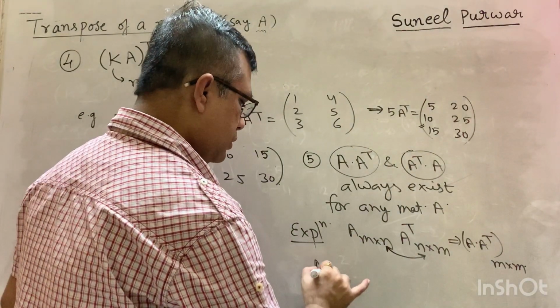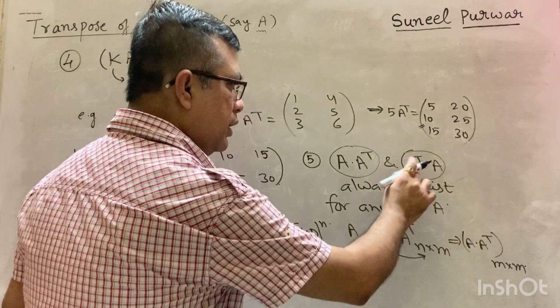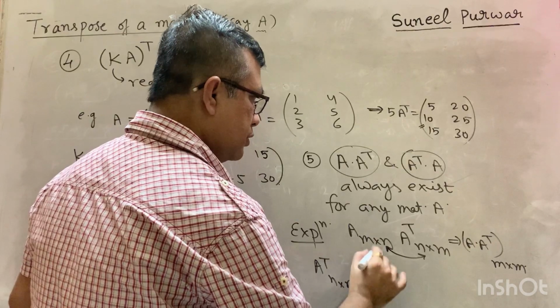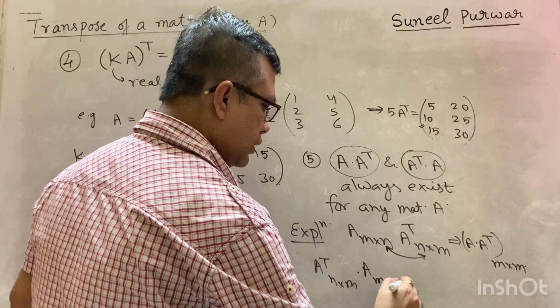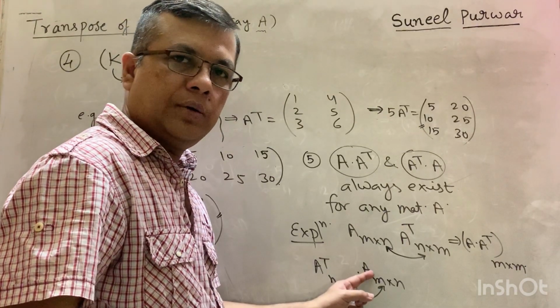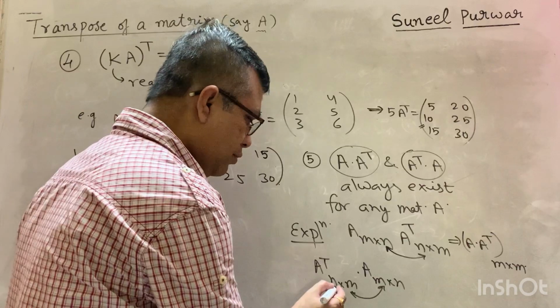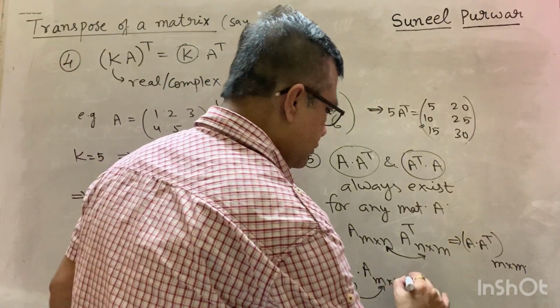You see, A transpose N by M multiply to A, which is of the size M by N. As these two numbers are same to same, these two matrices are suitable for multiplication, and the size will be what? N by N. These two left out numbers, N by N.